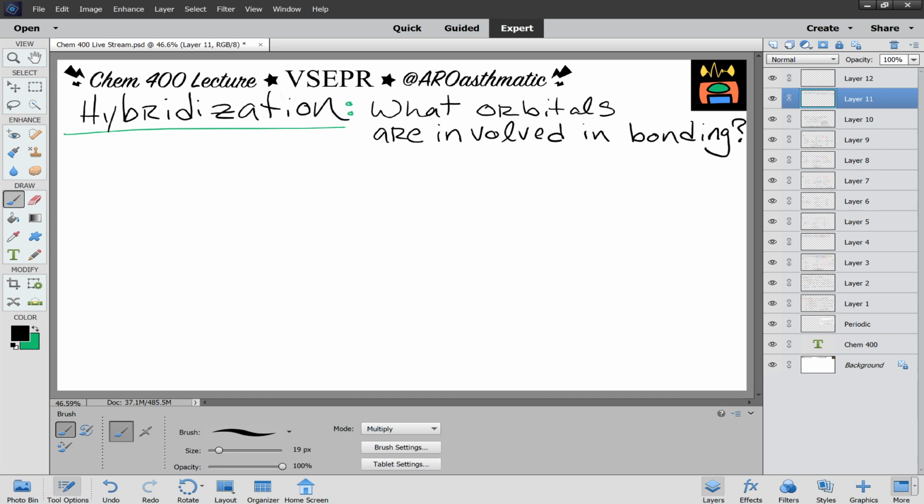First, you look at the number of electron groups in your geometry.